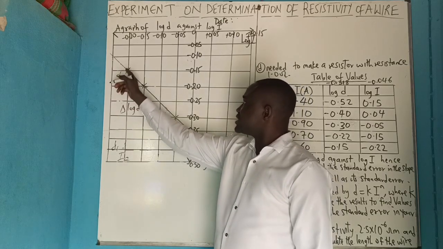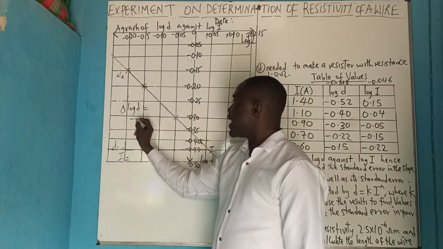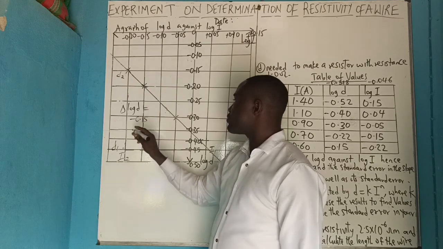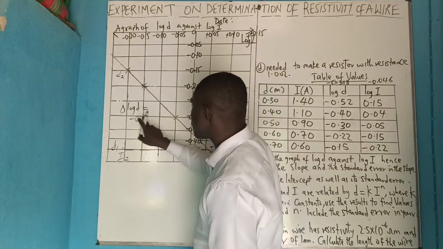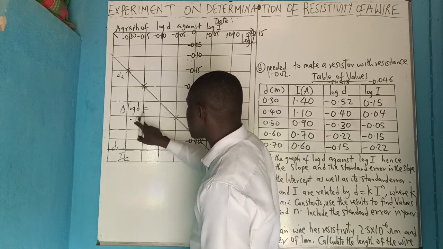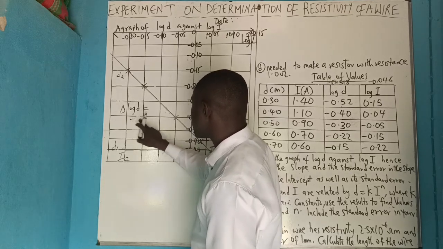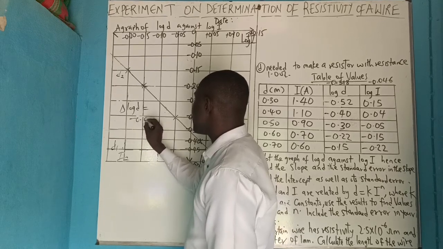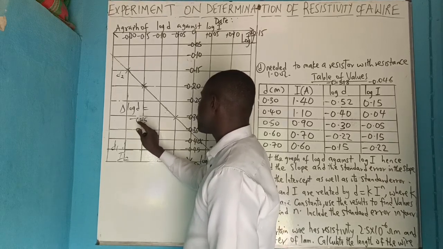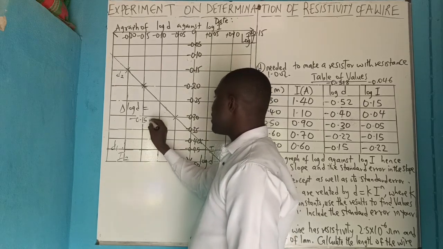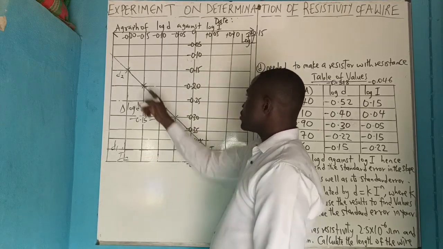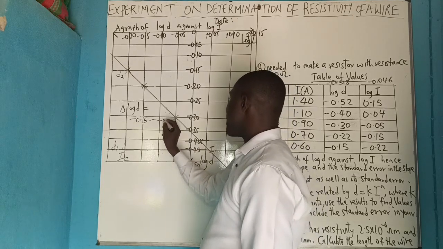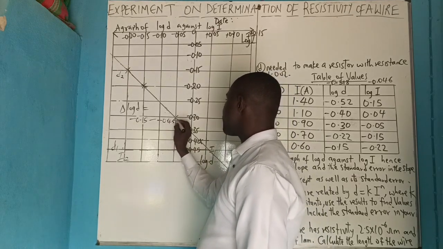We will say that here is minus 0.15. Then you move down, trace this one, minus 0.45.